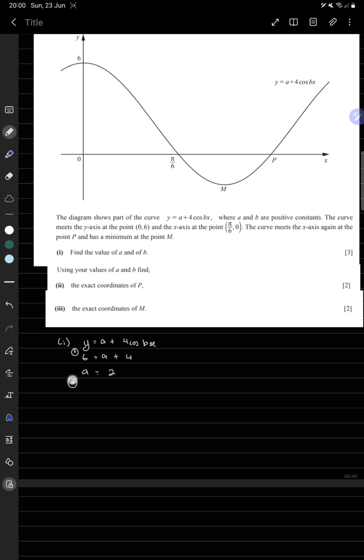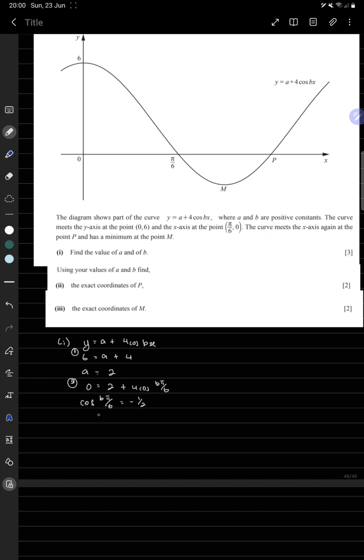Okay, next step, we want to substitute x equals pi over 6 and y equals 0. So a is 2, and I'll plug that in: 4 cos, and x is pi over 6, so that's b pi over 6. I want to make cos the subject, so cos of b pi over 6 is equal to negative 1 over 2.